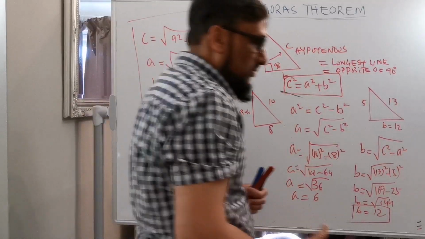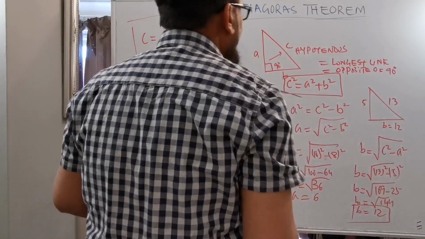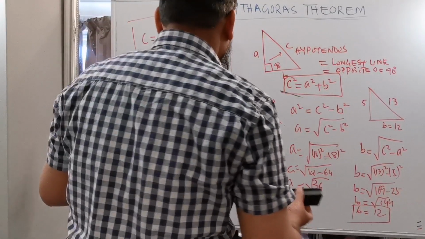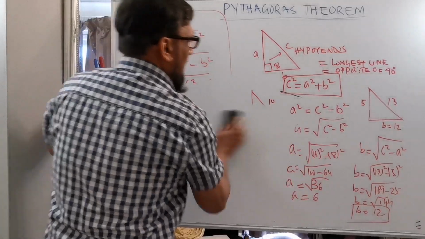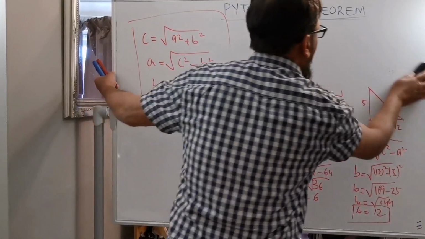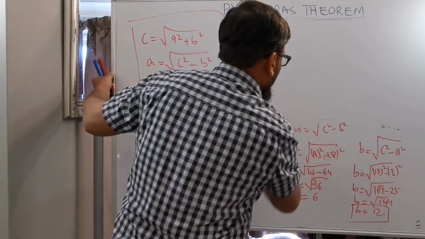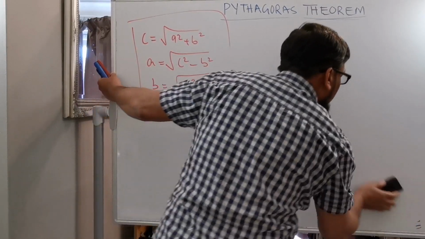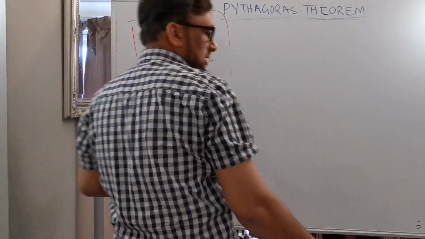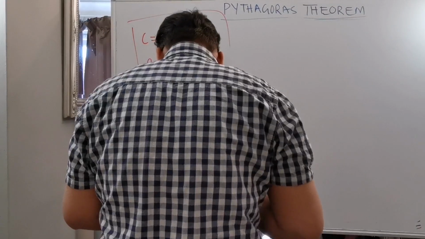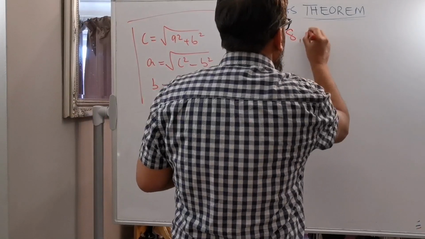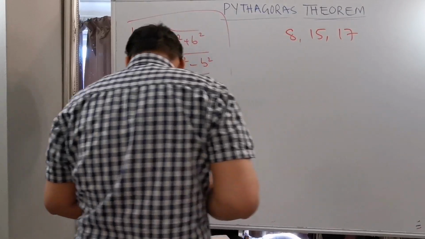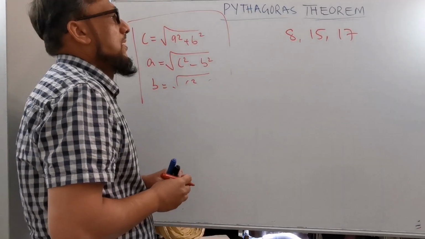Now I'm going to discuss one of the exam questions, which was very easy and simple. The examiner gave three values: 8, 15, and the third one 17.